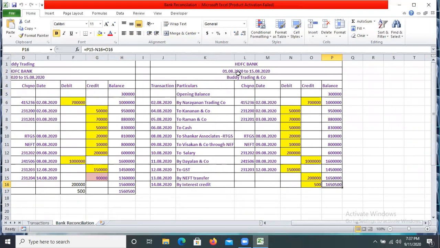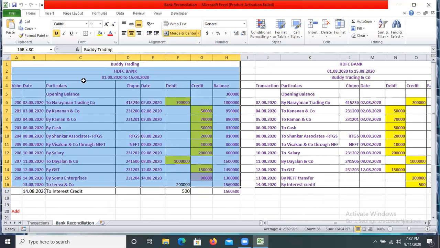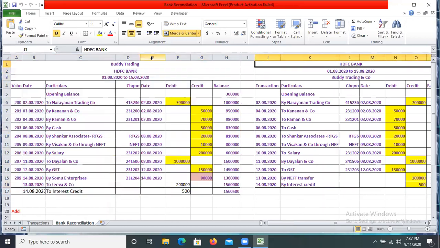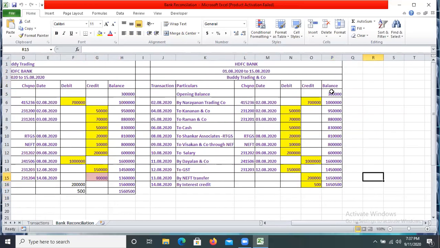We already have the entries in our bank book, this is as per system. After receiving the bank statement, a separate screen will allow you to enter it. That first step has to be entered.